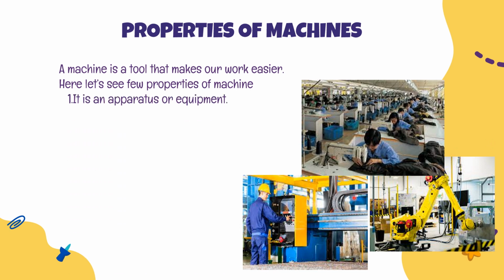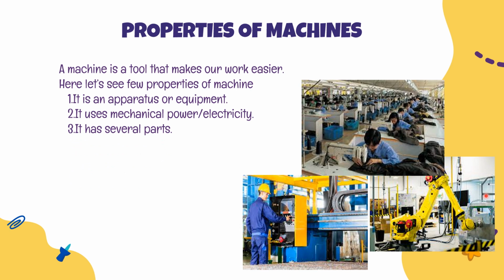it is an apparatus or equipment. In this picture you can see it is an apparatus or equipment. It either uses a power or mechanical force, that is, a human should either push or pull or apply some mechanical force for working.